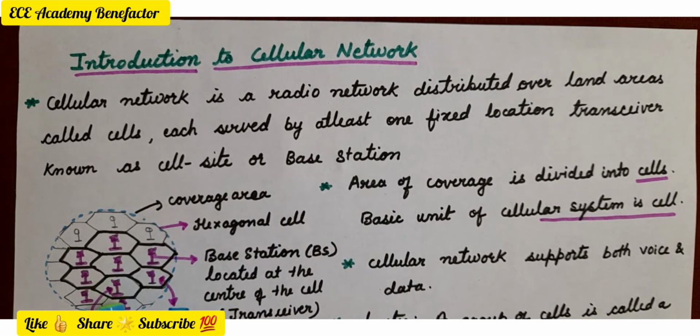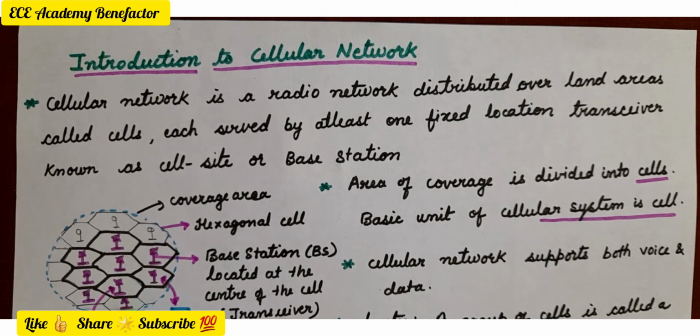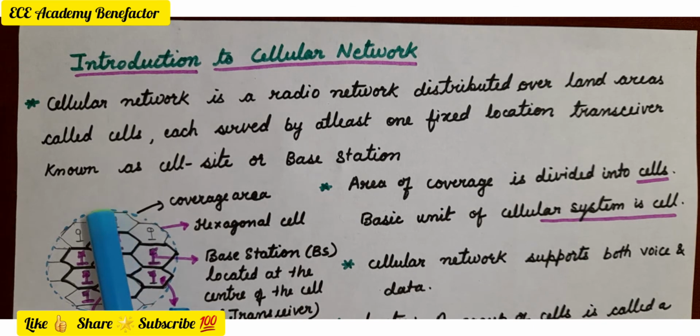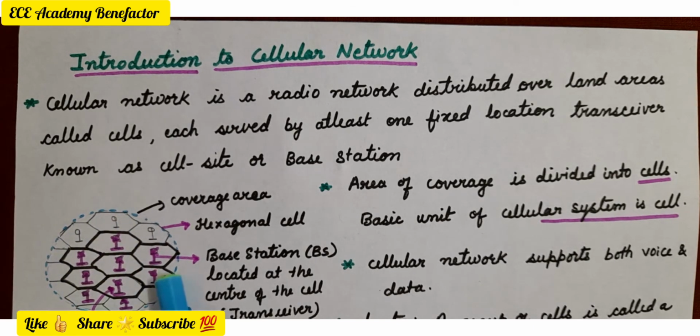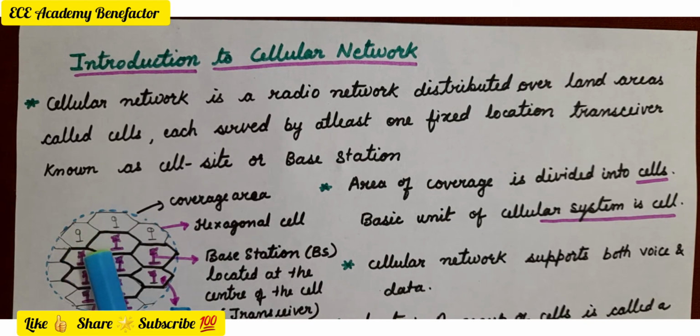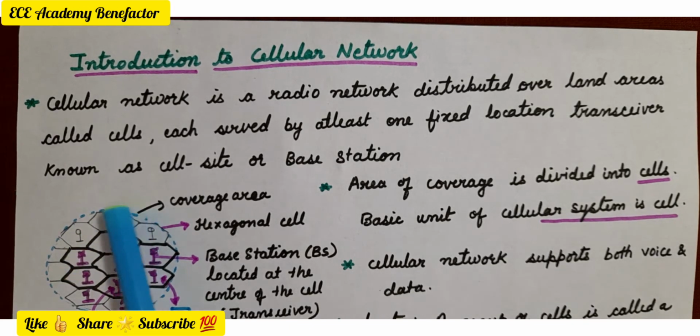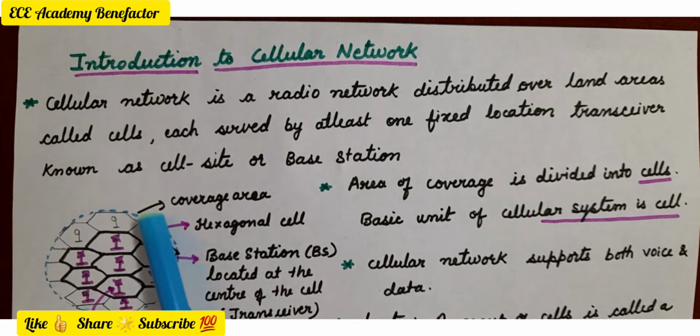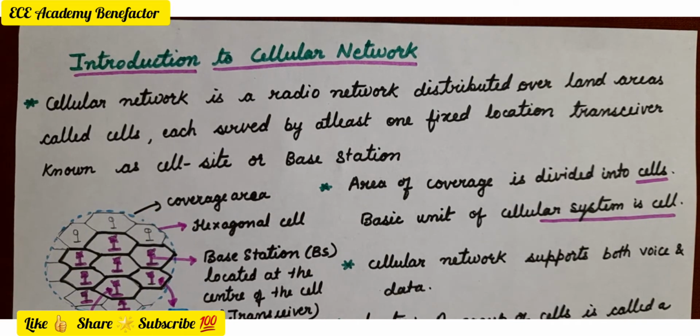So here a pictorial representation of a cellular network is shown. Let us say this blue dotted line is the coverage area. So what is a cellular network? It is a radio network distributed over land areas called cells.